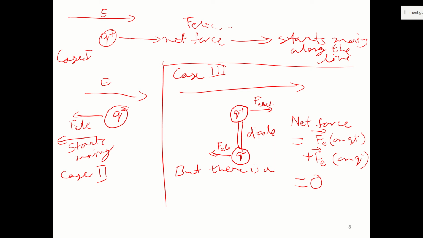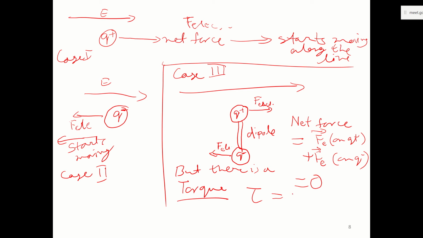So the electric field is applied on this, and it will start rotating because there is a torque tau, which is given by what we know as the dipole moment.